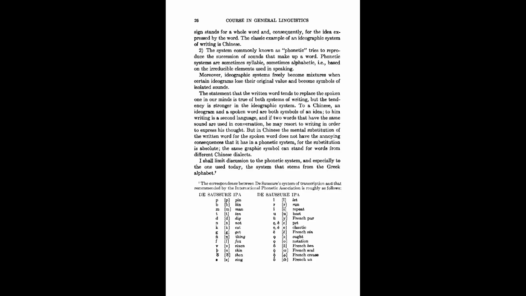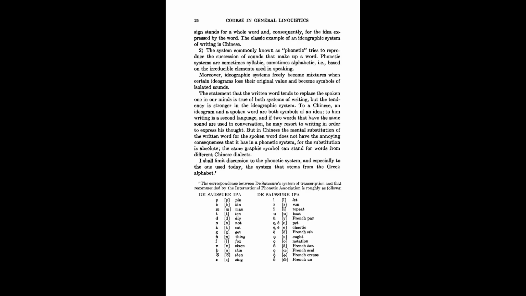4. Reasons for the discrepancy between writing and pronunciation. Of the numerous causes of lack of agreement between writing and pronunciation, I shall recall only the more important ones. First, language is constantly evolving, whereas writing tends to remain stable.